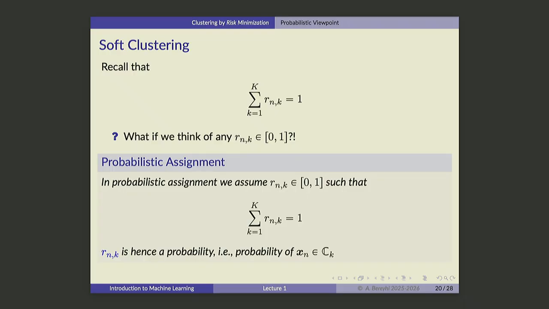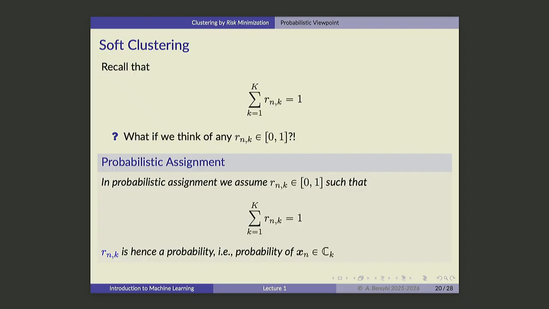What are the possible outcomes? The first outcome is that xn belongs to cluster 1, right? What is the chance of that one happening? Rn1, right? So I'm going to write this down as xn, when it belongs to cluster 1, so instead of cluster 1, I should write mu1, right?